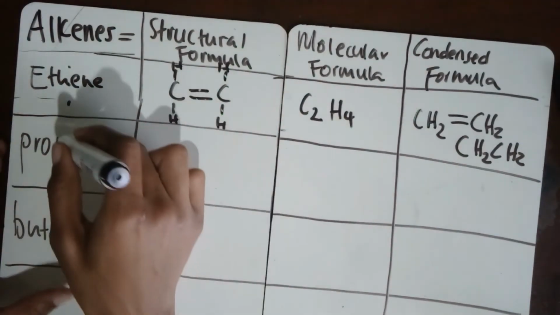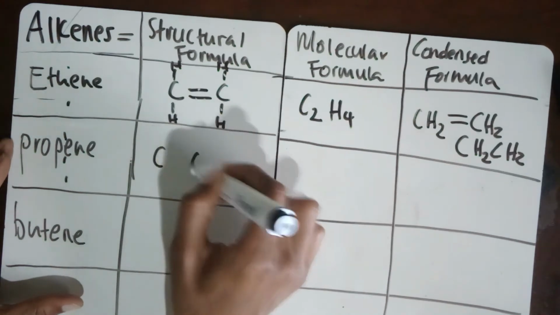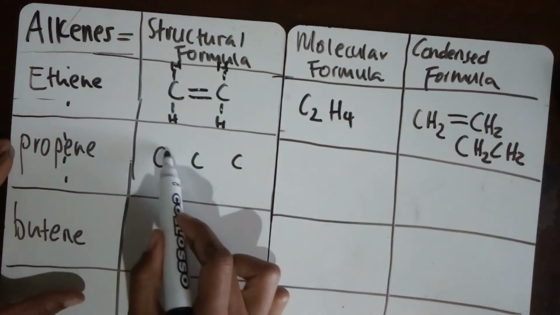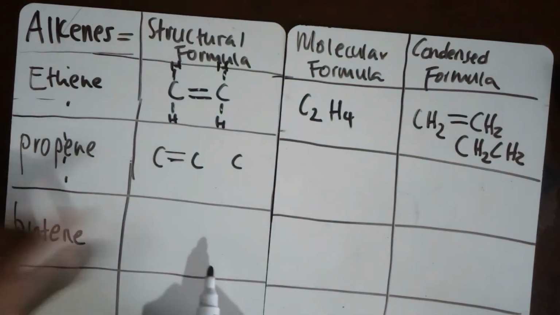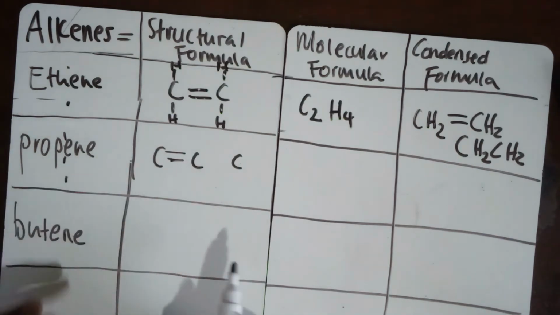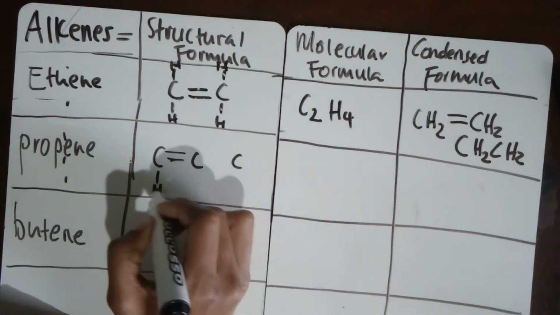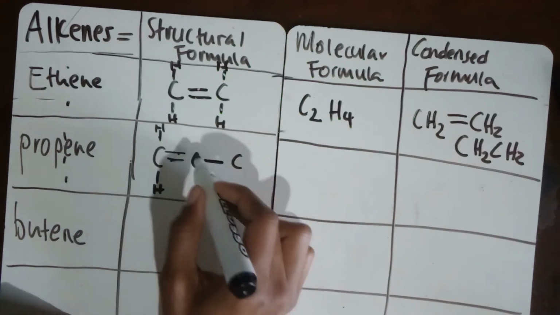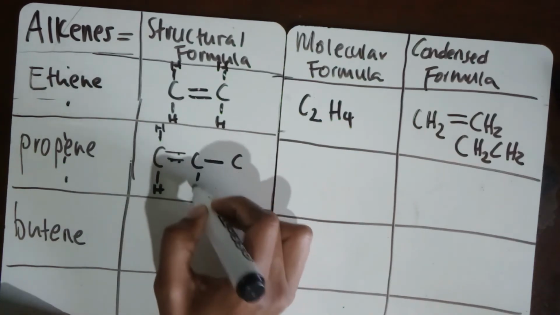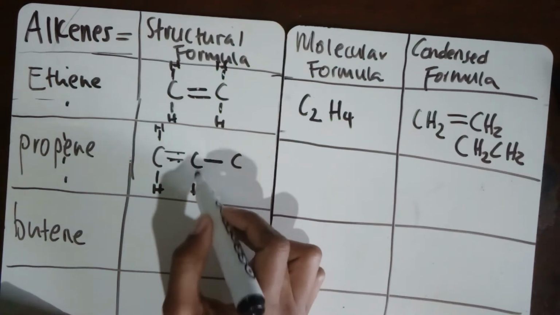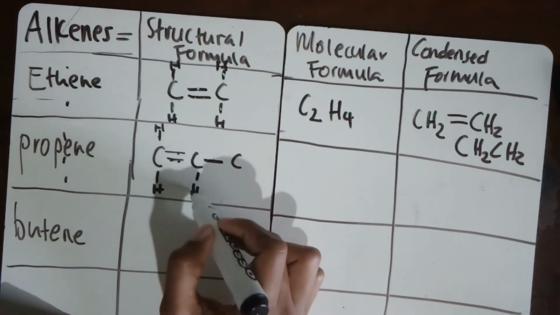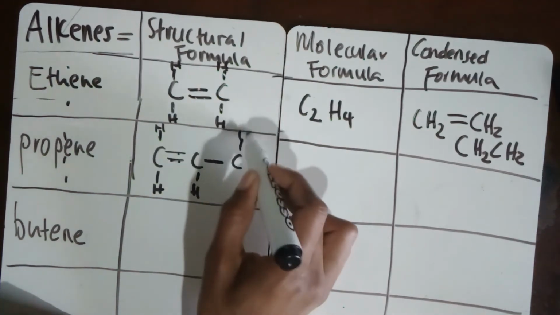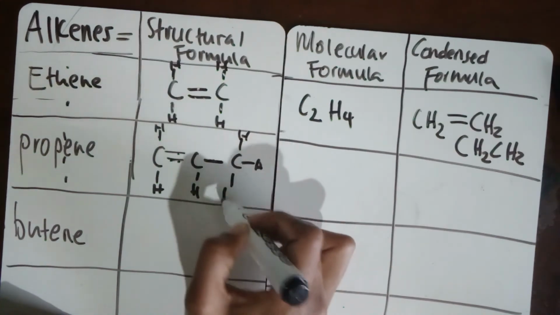And then we go to propene. We know it's prop, so it has 3 carbons, but we only have a double bond between 2 of the carbons, right? Then we check the number of hydrogens. 1, 2, 3, 4. And then here 1, 2, 3, so we should add another hydrogen there to make the number of bonds on this carbon 4.